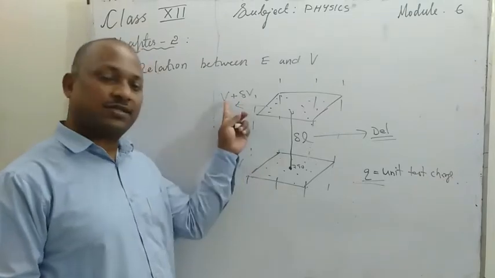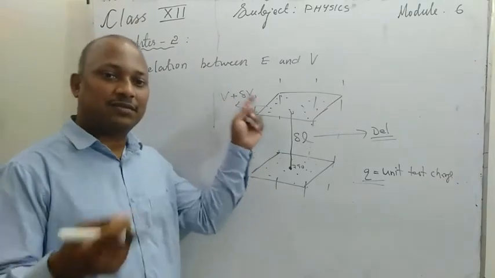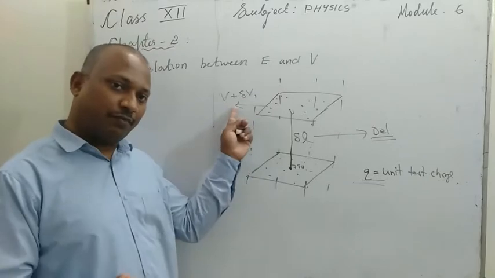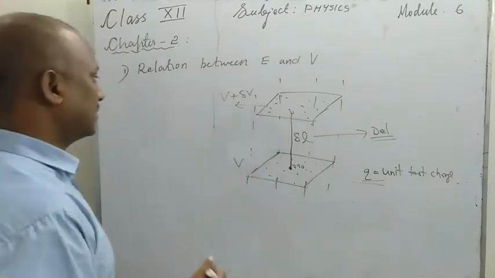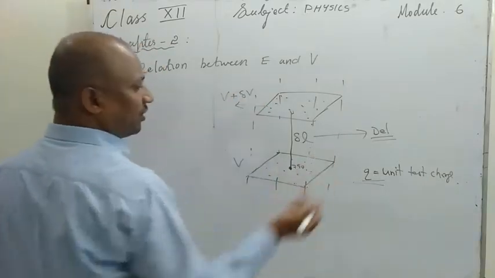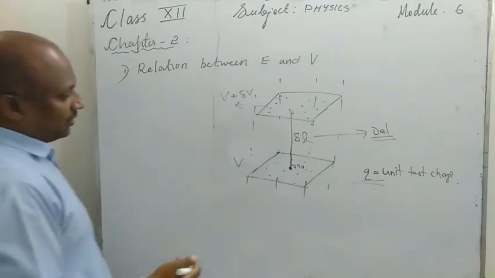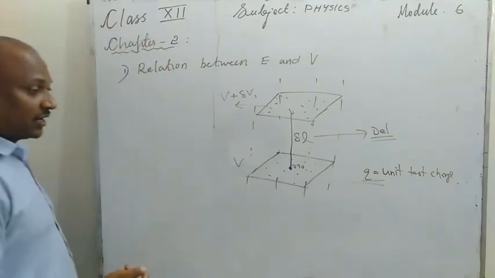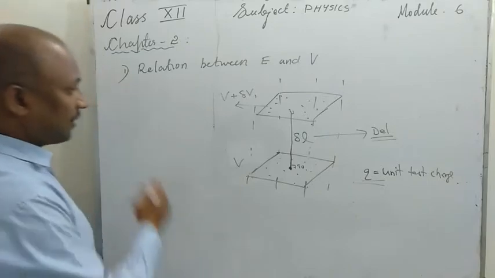If this is 4, then 4 minus 0.1, 4 minus 0.2, 4 plus 0.1, whatever it is. So del V could be a negative quantity or a positive quantity. And potential anyway can be positive or negative, scalar quantities.